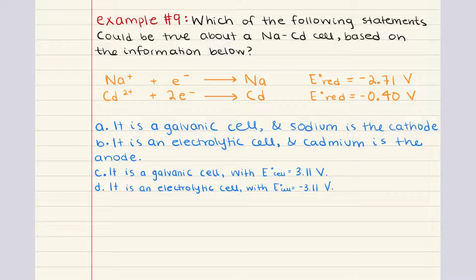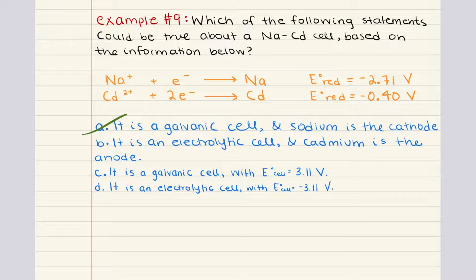For a sodium-cadmium cell, cadmium has a less negative reduction potential compared to sodium, hence cadmium would be reduced at the cathode and sodium will be oxidized at the anode. So we can eliminate answer choice A, because A says it's a galvanic cell and sodium is at the cathode. This is incorrect. Cadmium is going to be reduced. It's going to be at the cathode.